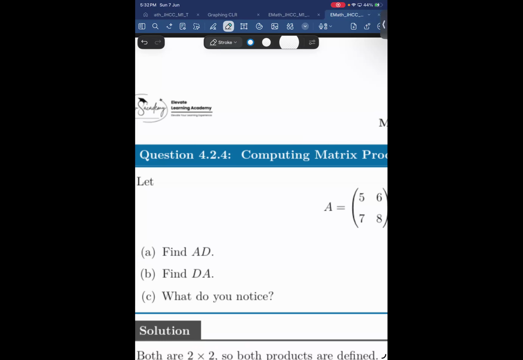I don't think they are. Okay, so let's calculate AD.